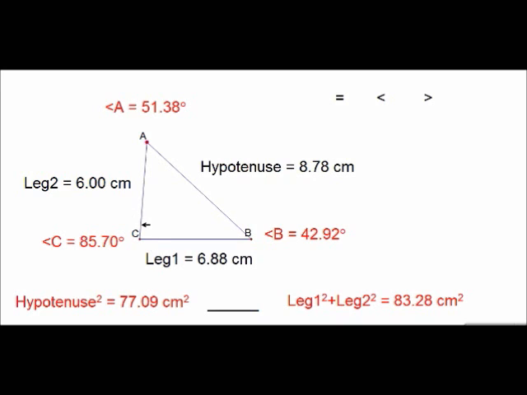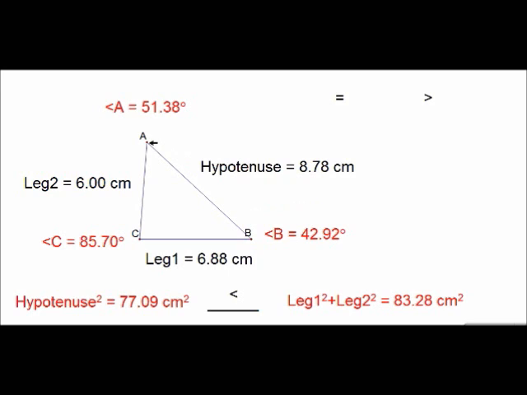Now if we take the other two smaller sides and square those thinking that they're the legs, it comes out to 83.28 when we add them up. So you can see right here that this c squared is less than a squared plus b squared. And it said we would have an acute triangle. And yes, all these angles are acute.